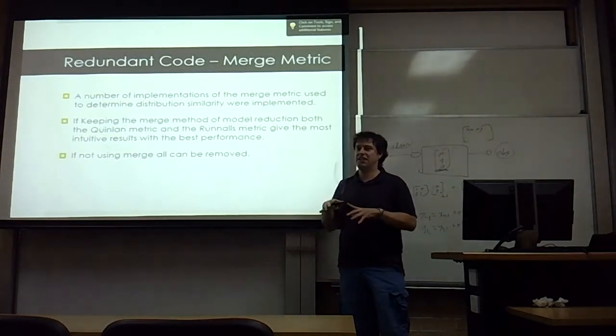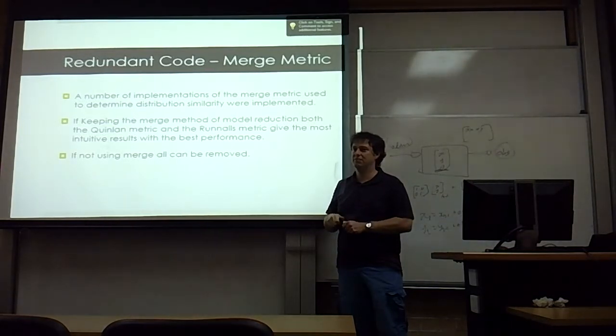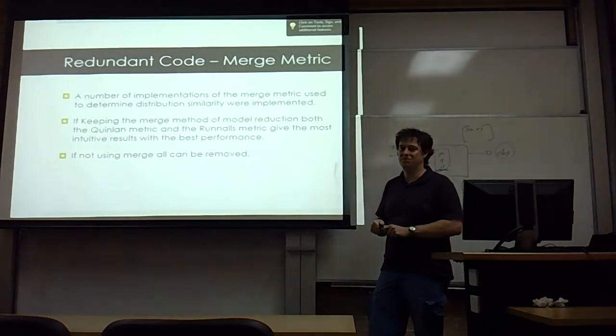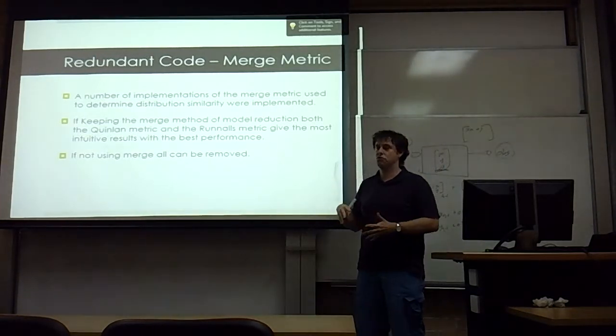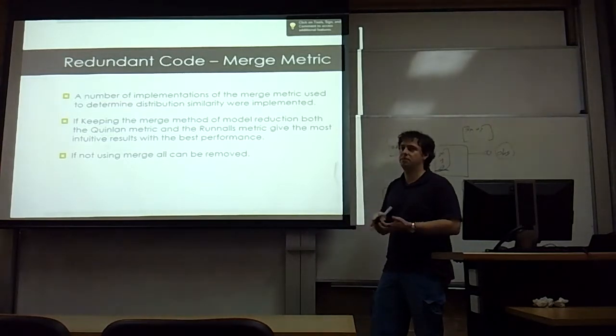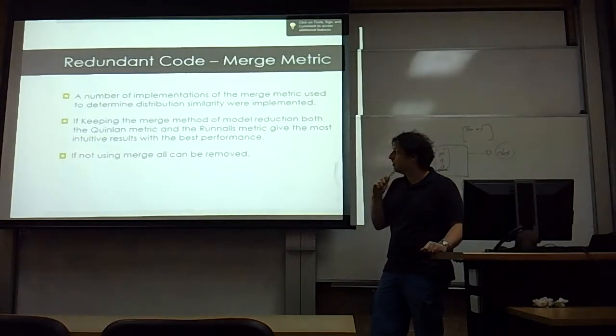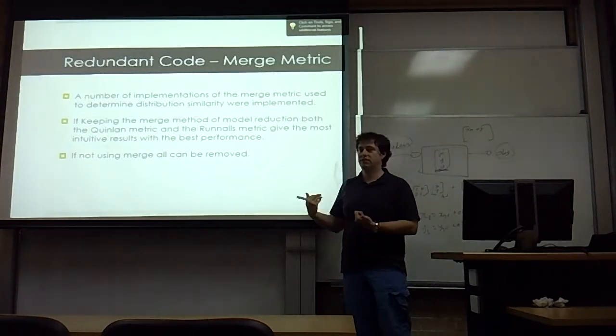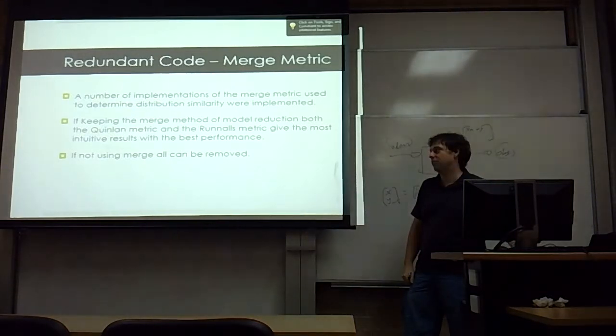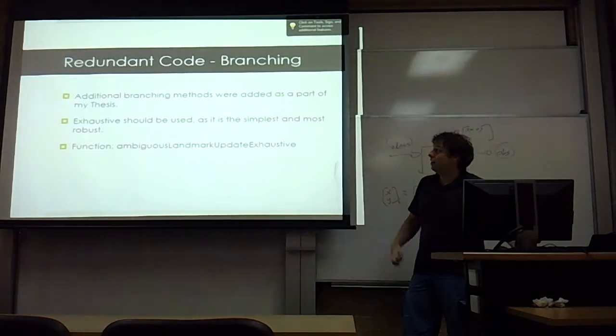The other ones had some weird cases where ones that looked really similar didn't get reported as similar, and ones that didn't look the same were reported as the same. And they're also more dependent on the mean of the estimate compared to the covariance. If you're not using the merge bit, you can just not use that. So you might not need to worry about it.